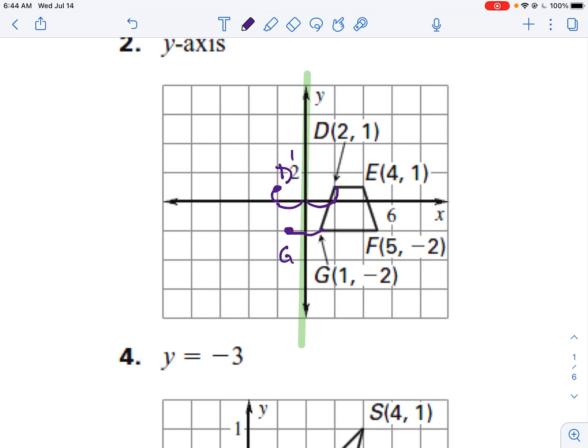This is G prime. This one over 1, 2 and a half. And this is F prime. And this one went over 1, 2.